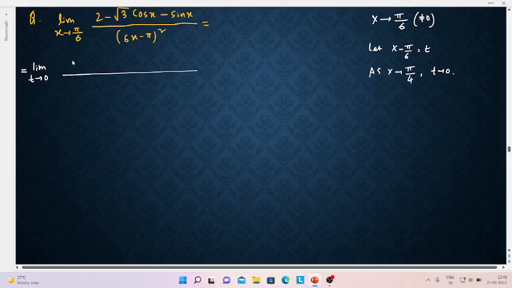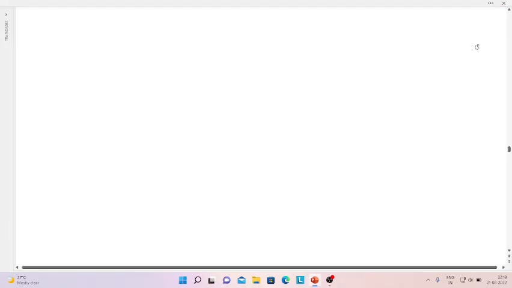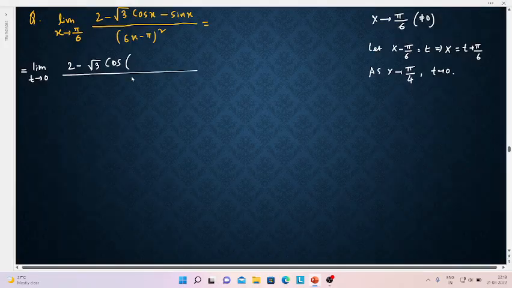On the numerator we will have 2 minus root 3 cos, and what will be the value of x? x is nothing but t plus pi by 6, I mean pi by 6 plus t. We can write this as cos of pi by 6 plus t, and similarly sine of pi by 6 plus t.